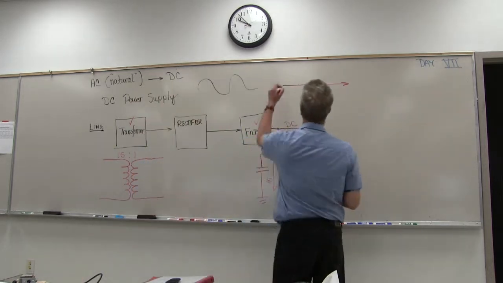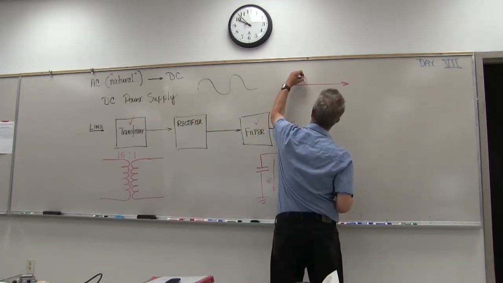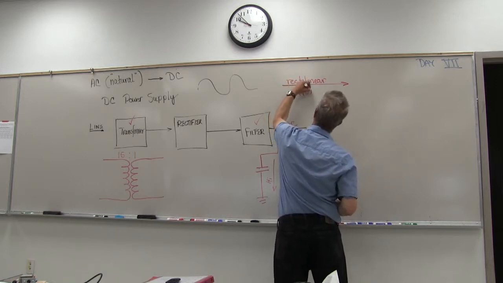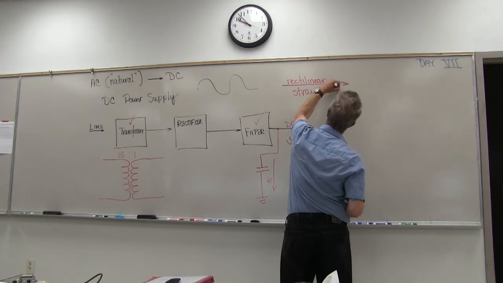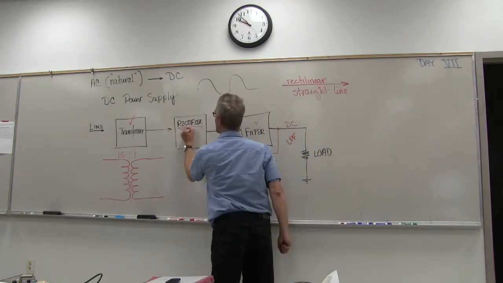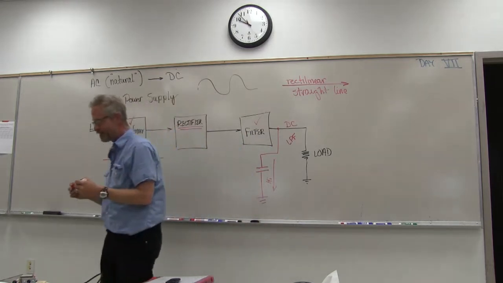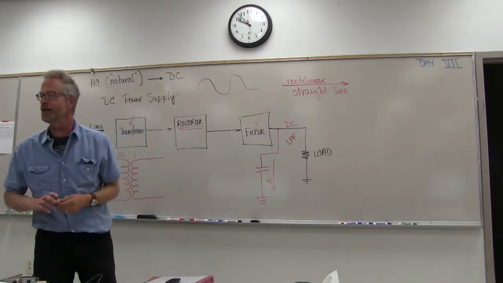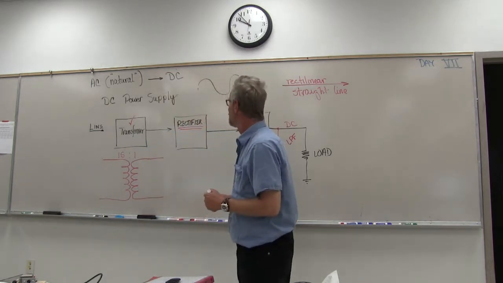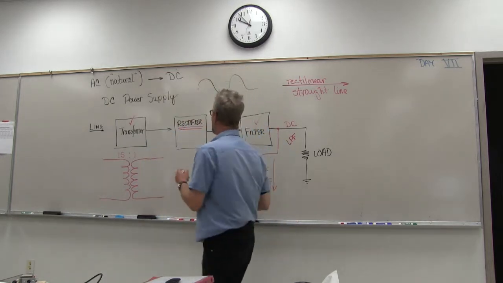Rectilinear, which means in a straight line. Okay, so when we talk about to rectify something, normally what that means is to straighten it out. We need to get this straightened out. Rectify means to straighten out.